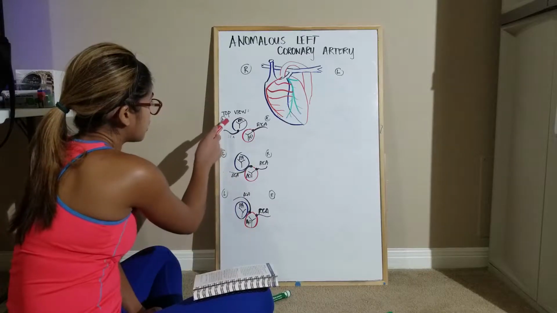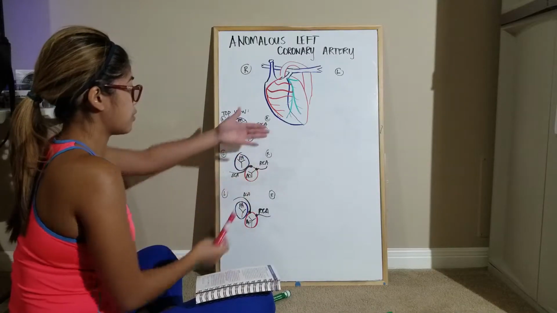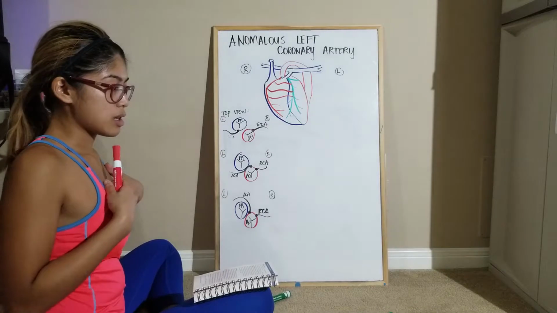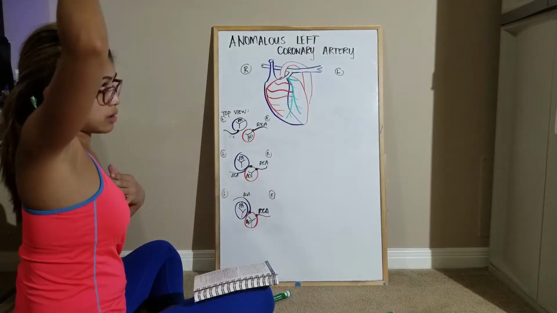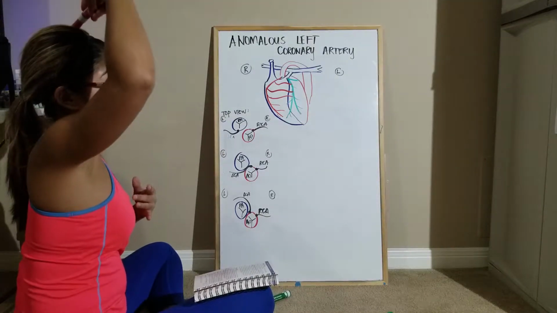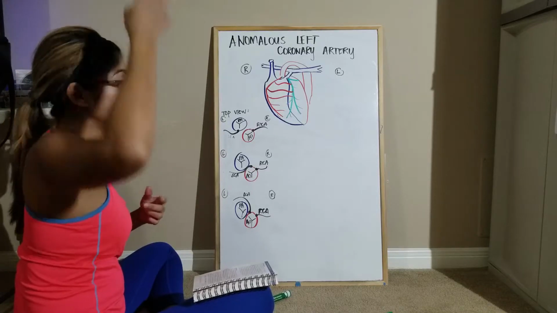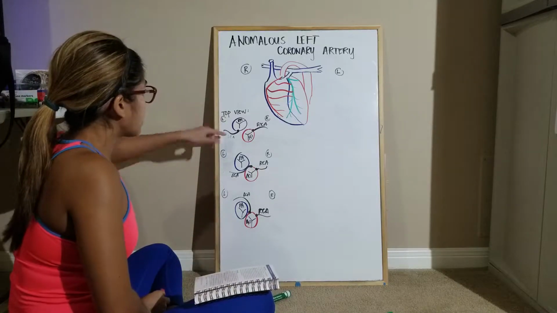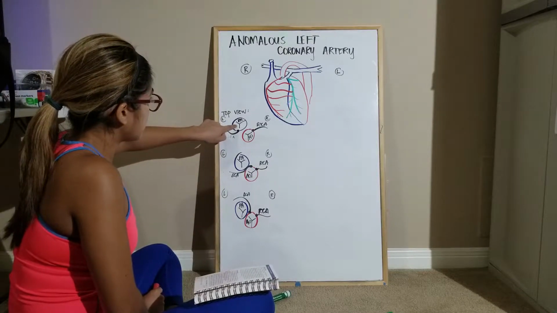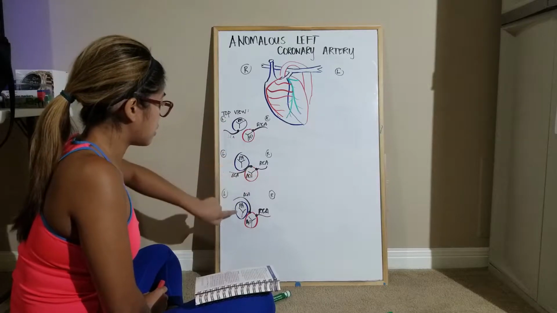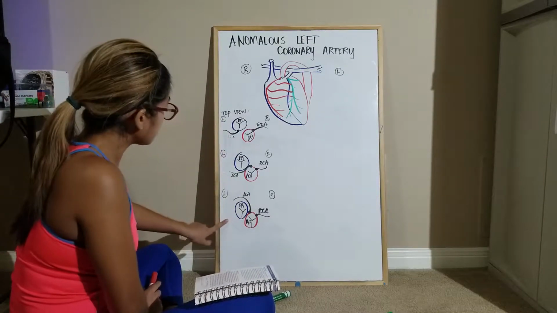This is the top view of the heart. If we're facing our heart and we look from the top, like a drone view, a bird's eye view, we will see our pulmonary artery and our aorta are oriented this way.